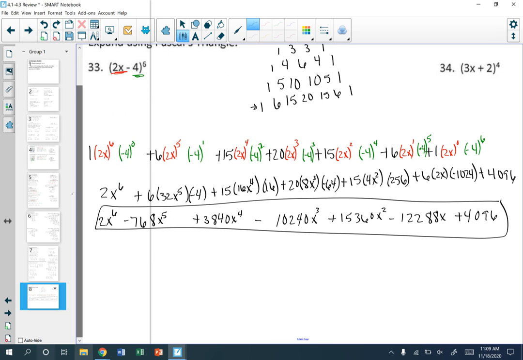All right, number 34. I'll write that down here. We're looking to the 4th, so now we're looking at this line for my coefficients. I have 1 plus 4 plus 6 plus 4 plus 1.